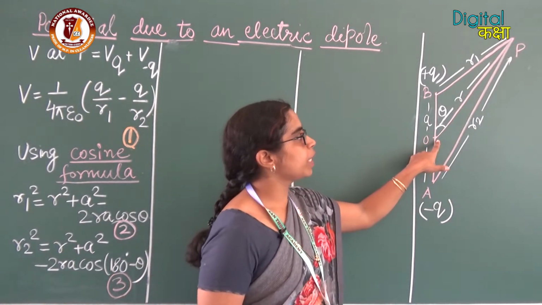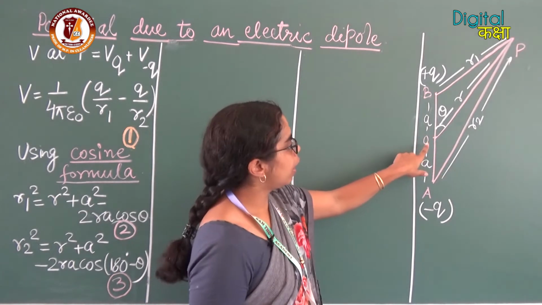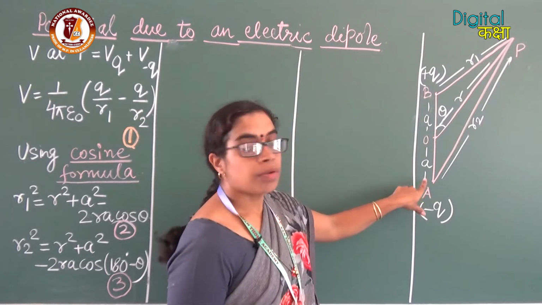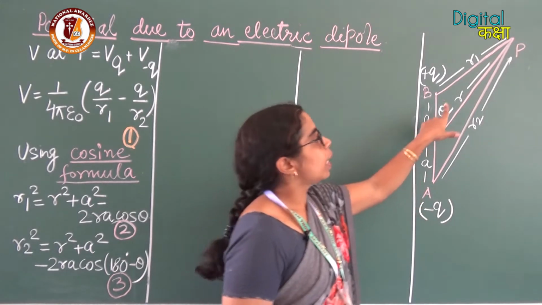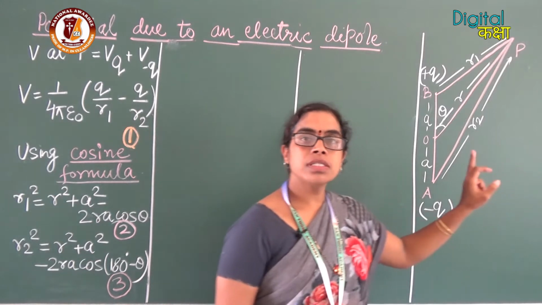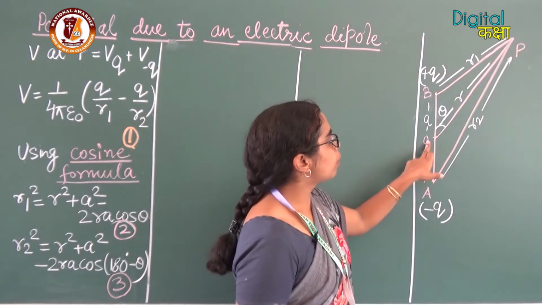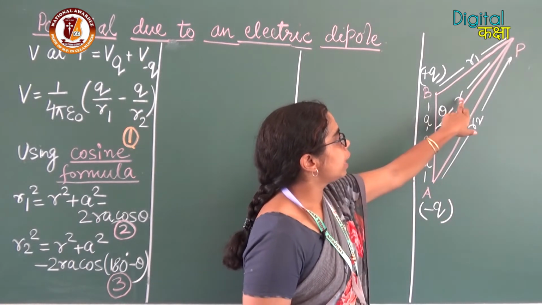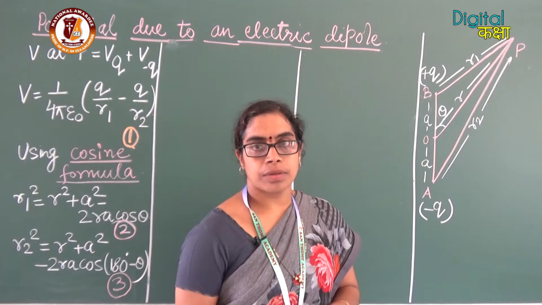O is the midpoint of the dipole, and due to this dipole, we are supposed to calculate the potential at point P. The distance of point P from the midpoint of the dipole is taken as R.